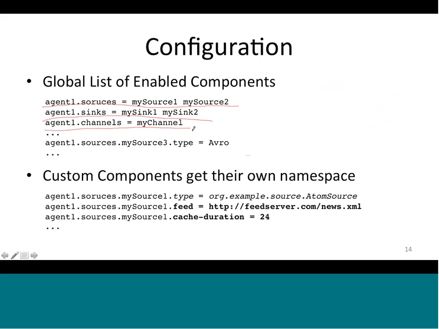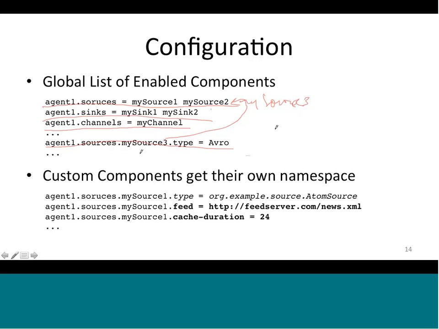And then you say the definition for each of these sources, right, is here. By the way, you have to define my source 3. You can't use my source 3 until you have defined it here.